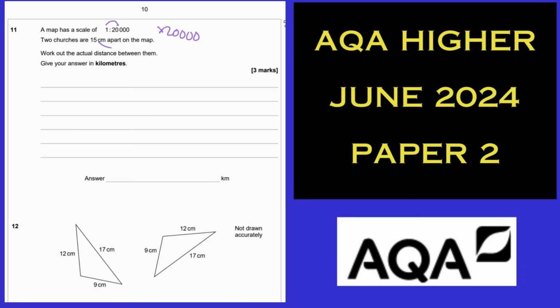So 15 times 20,000 will tell you that the 2 churches are 300,000. They are 300,000 centimetres apart.